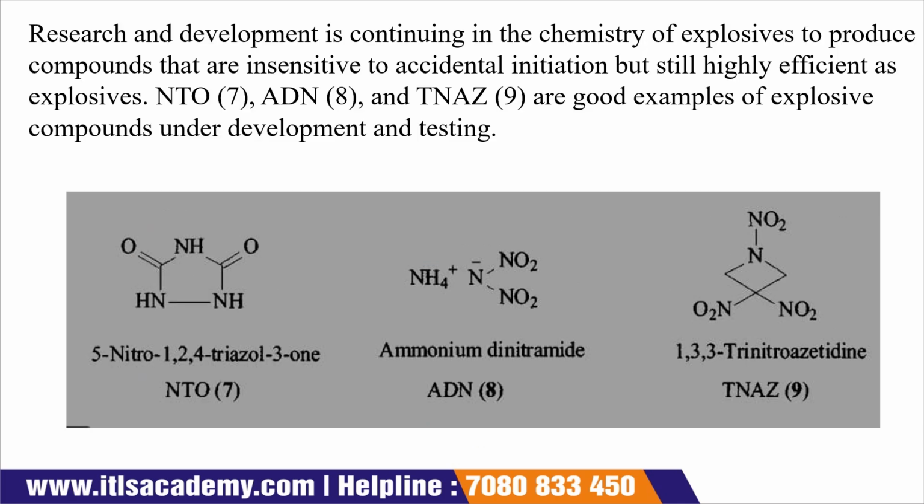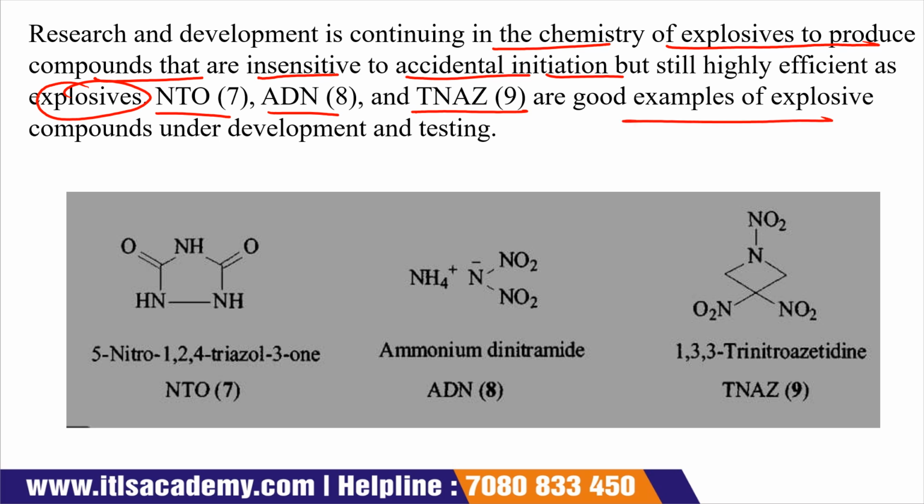Research and development continues in the chemistry of explosives, so that it will produce compounds that are insensitive to accidental initiation but still highly effective as explosives. NTO 7, ADN 8, and TNAZ 9 are good examples of such explosive compounds which are under development and testing.